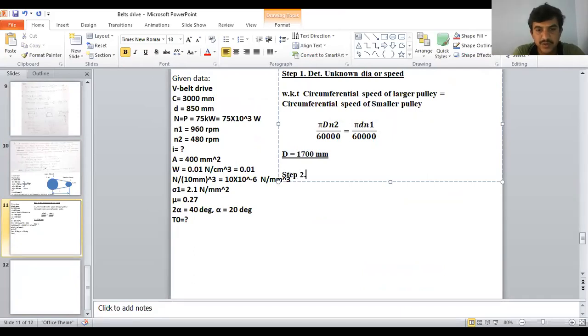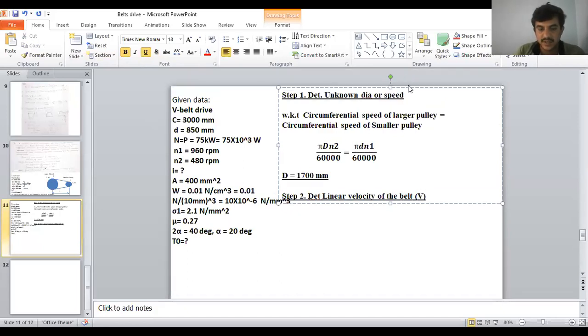Step number 2 is to determine the linear velocity of the belt, that is capital V. Determine unknown diameter, here it is capital D. Now the same formula you can use here.